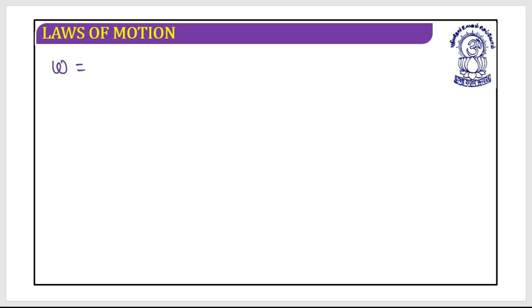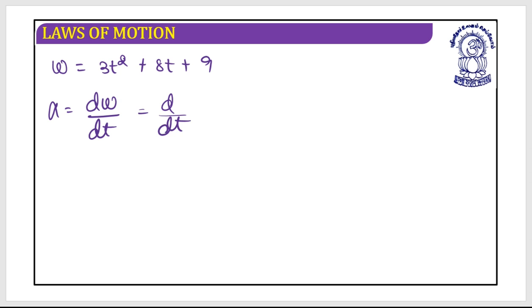Now let's calculate alpha. For that I require omega, which is 3t square plus 8t plus 9. Now alpha is equal to d omega by dt, which is d by dt of omega, and omega is 3t square plus 8t plus 9. That is equal to 6t plus 8. At what instant?